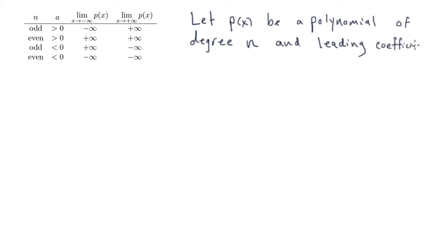So remember that's the coefficient in front of the leading term, or the power of x that's the highest. So the leading coefficient is a. Okay, so this table here summarizes the end behavior of the polynomial. Now the end behavior of the polynomial depends on whether or not the degree is odd or even, and then whether or not the leading coefficient is positive or negative.